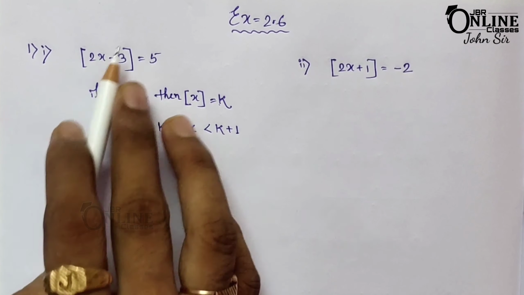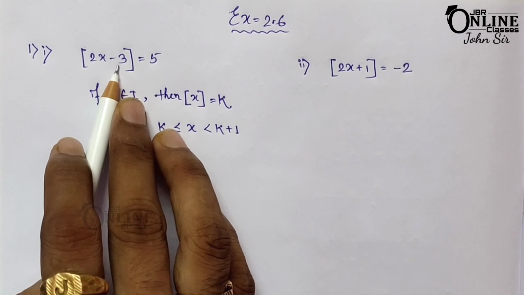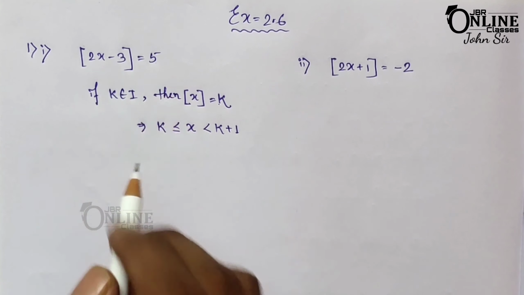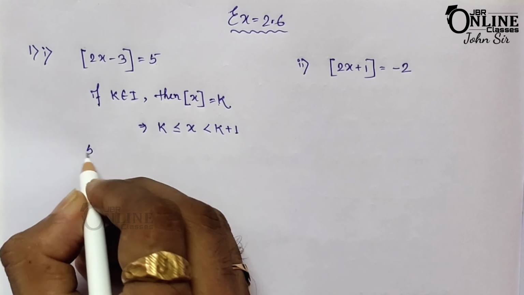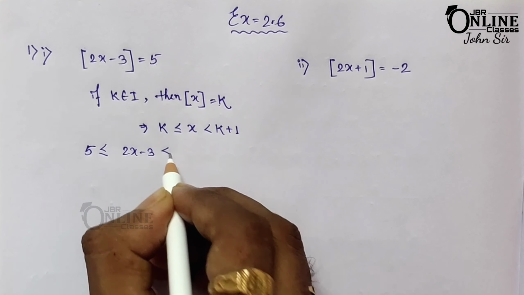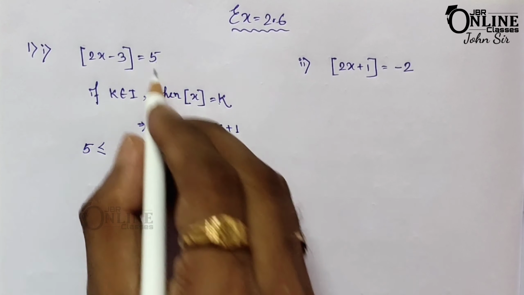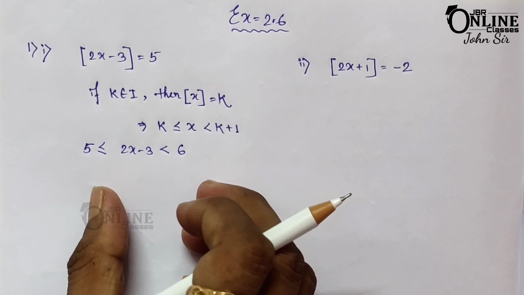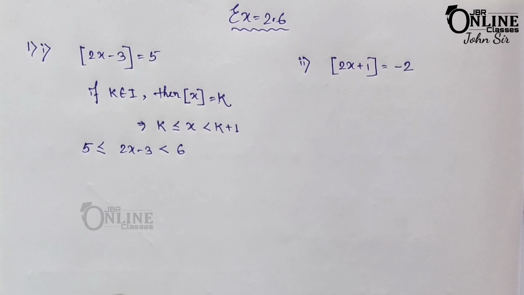So as here within the closed interval you have 2x minus 3 equals 5, you can also write 5 less than or equal to 2x minus 3 less than k plus 1, that means 5 plus 1, so it becomes 6. I hope it's clear.